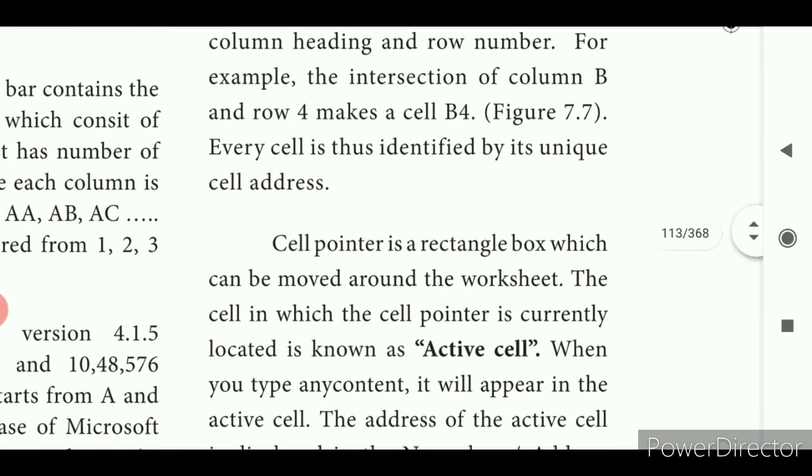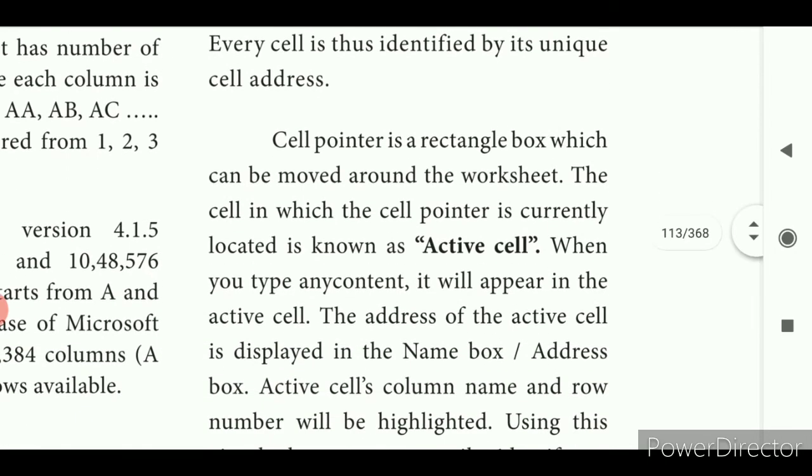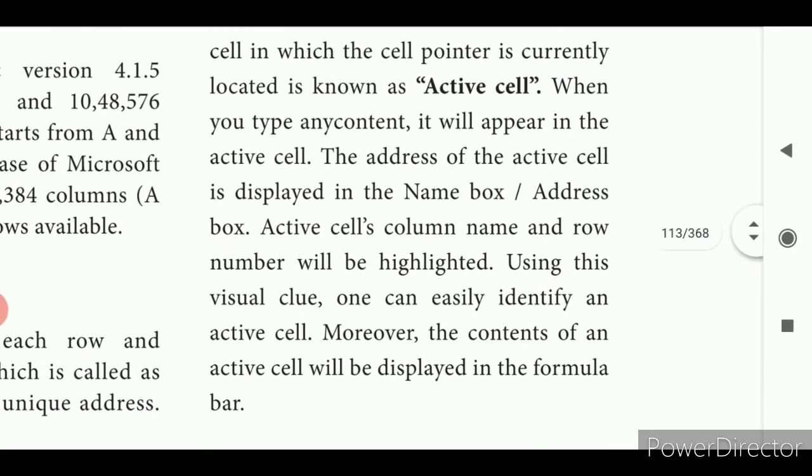The cell pointer is a rectangle box which can be moved around the worksheet. The cell where the cell pointer is currently located is highlighted. The cell which is highlighted is called the active cell. In that cell only we are going to enter our data. When you type any content, it will appear in the active cell. The address of the active cell is displayed in the name box. The active cell's column name and row number will be highlighted.